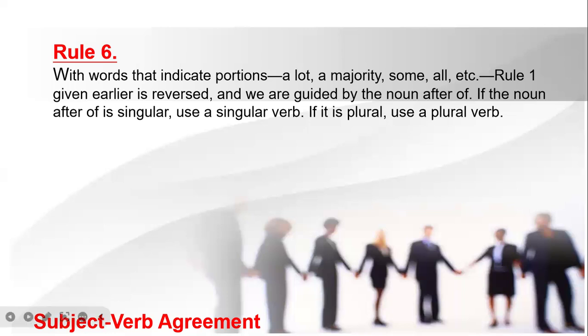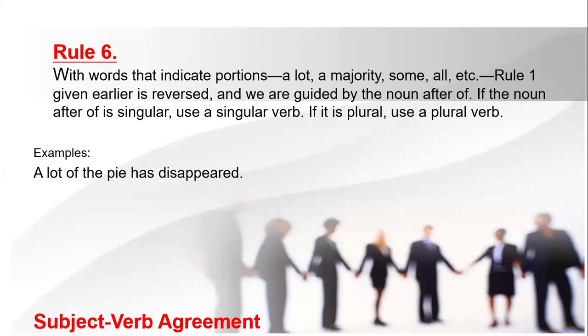Let's check the examples. A lot of the pie has disappeared. Rather than a lot of, you have to focus on the pie after of, the noun which is used. If it is singular, then you will use a singular verb, otherwise plural. So here the pie is singular, so that's why has. Then a lot of the pies: here pies is more than one, so have.